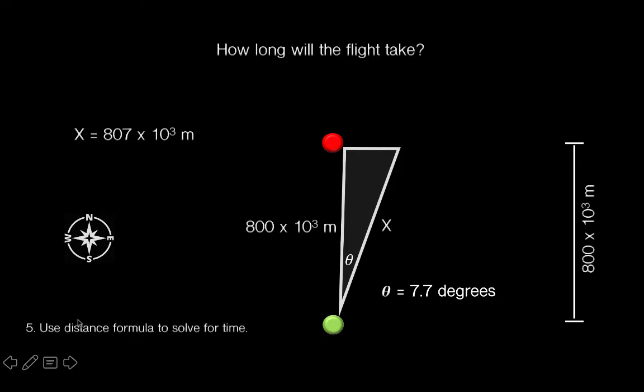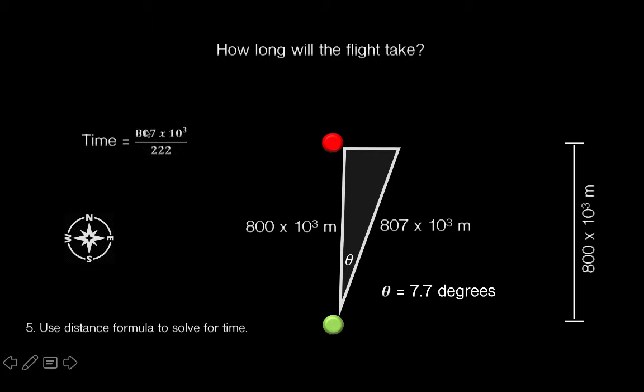Now we're going to use the distance formula to solve for time. The distance formula is actually derived from this formula. Remember, velocity equals distance over time. That's why velocity in common units is measured in meters, distance, over seconds, which is time. Solving for time, time equals distance over velocity.